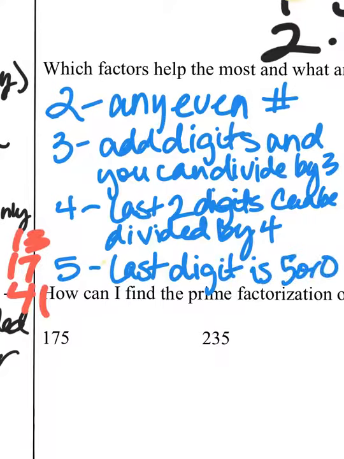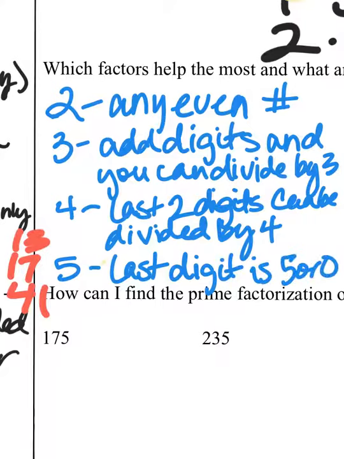Okay, so how can I find the prime factors for the following numbers? So let's start with 175. So anytime I see a multiple of 25, I start to think, okay, let's see how we can break this down. Anytime I see something that is a multiple of 25, I think of money. I think of quarters.